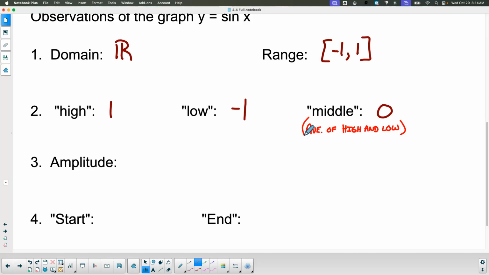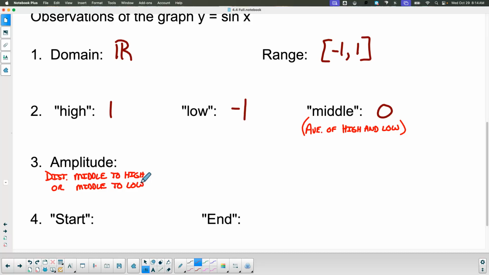The middle is the average of the high and the low. The amplitude, which is what we're going to focus on today, we're going to start tweaking that today. The amplitude is the distance from the middle to high, or middle to low.